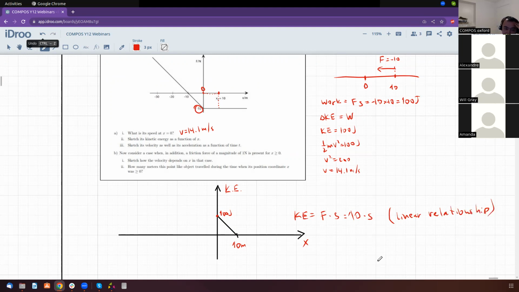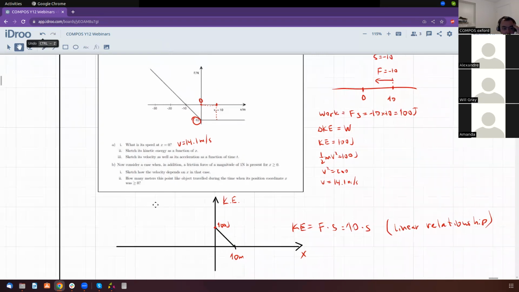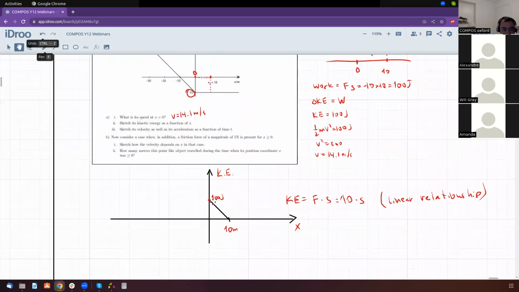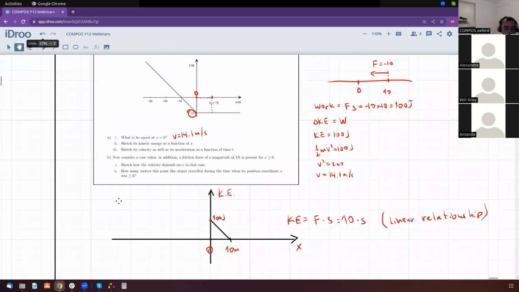Right. Once we are past 0, the force starts changing differently.